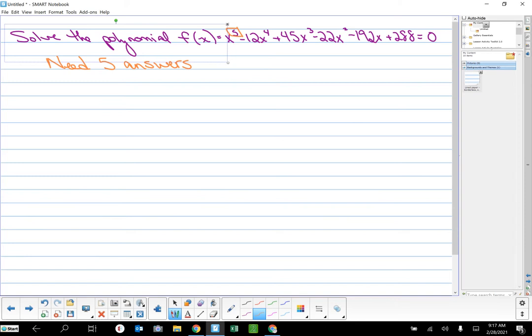All right. Well, here's a hint. If you graph this thing in the graphing part of Desmos, then you can find x-intercepts.